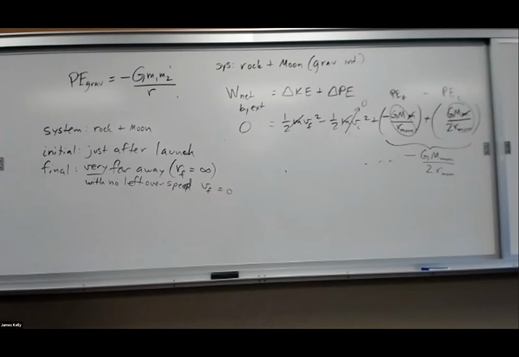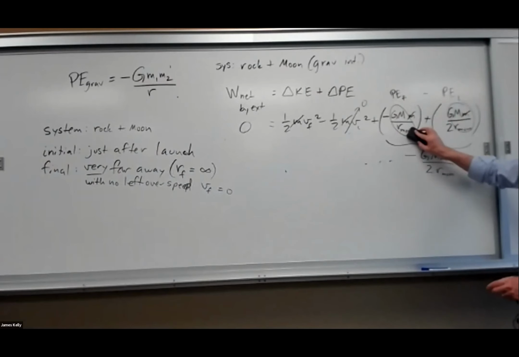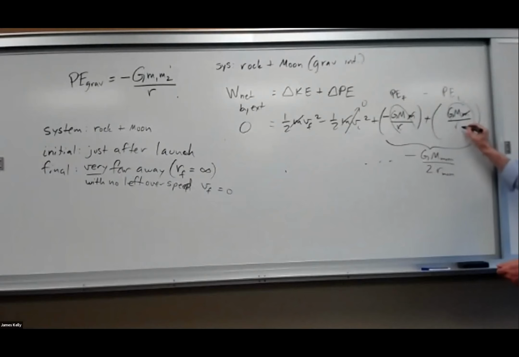And you can imagine plugging that in here, right? This would be our R final here, and this would be our R initial. PE final, PE initial. R final is going to be infinity, so this term is going to go to zero. R initial is going to be our moon, because that's where we blasted it off from, 1 moon radius away from the center of that big sphere.